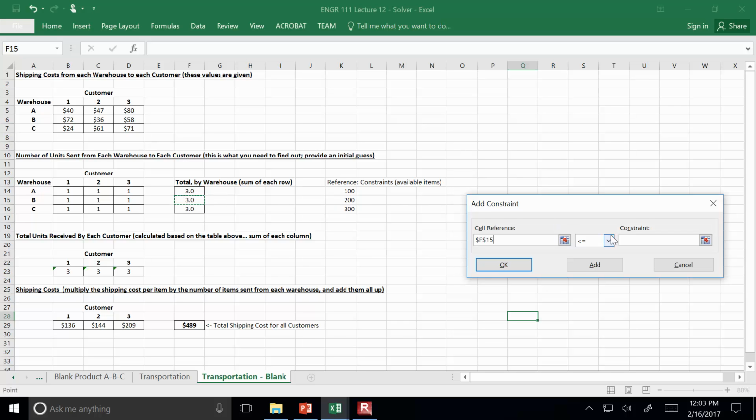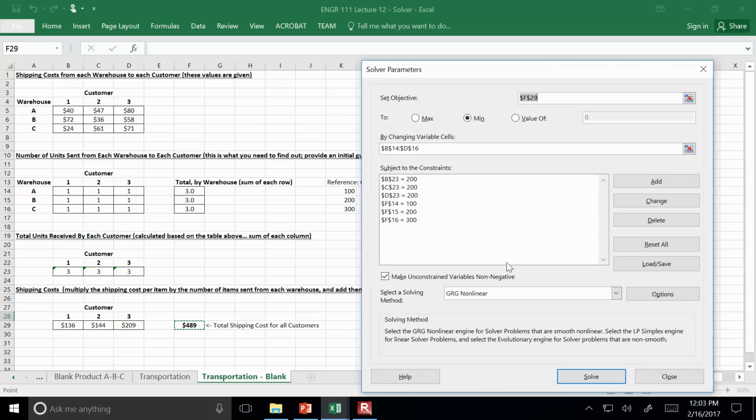This one has to be equal to 200. And the last one has to be equal to 300. Although we don't know exactly which customer they're all going to be sending their units to. Those are the totals that have to apply. So I think those are the only constraints.